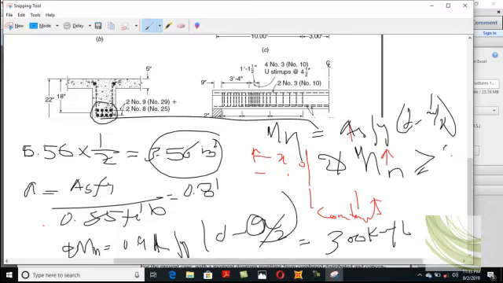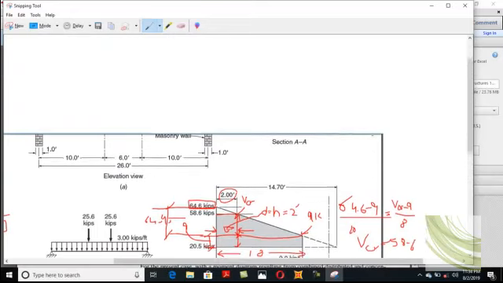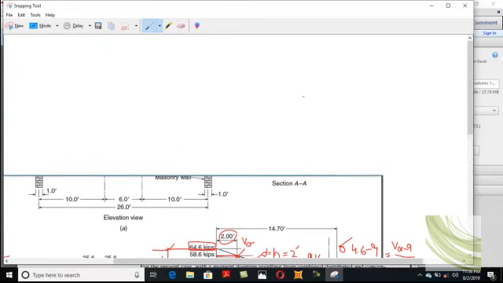This moment capacity should be greater than 510. Now as we are providing half of this area, our moment capacity will be 300 kip-foot. Now this 300 kip-foot will be located on the moment diagram, and thus we will get the theoretical cutoff point. Okay.